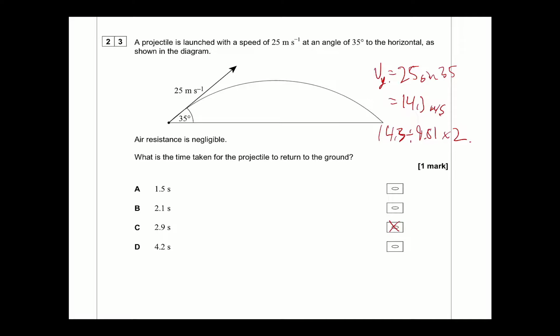You have to double it because it reaches 0 at the peak, and then it'll accelerate for the exact same amount of time downwards as well. It's symmetrical.